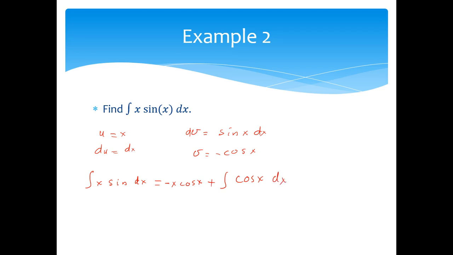Then I have negative x cosine of x plus sine of x plus c. So that should be our final answer for problem number 2.